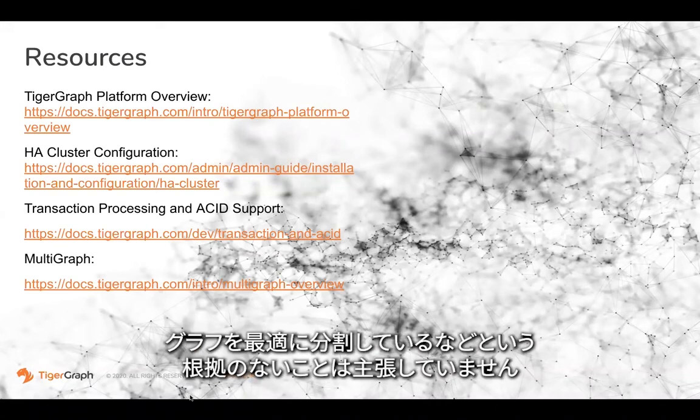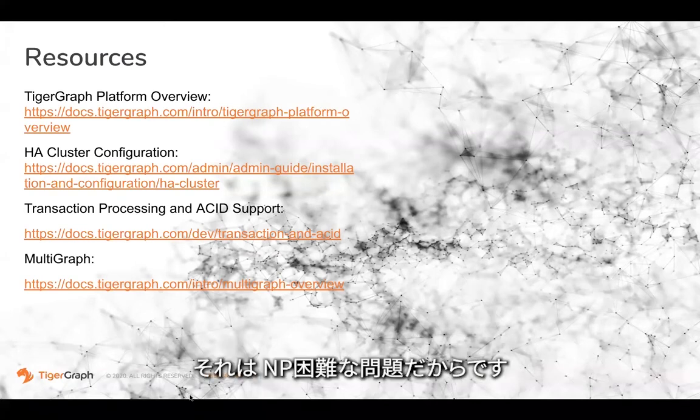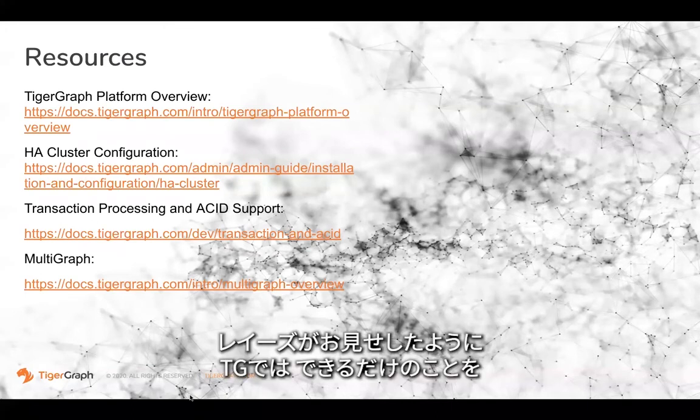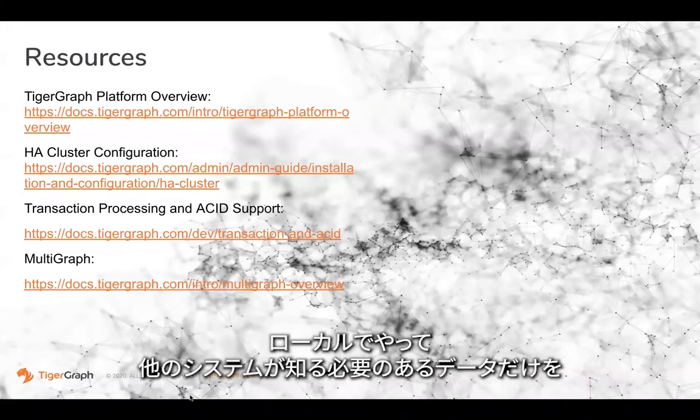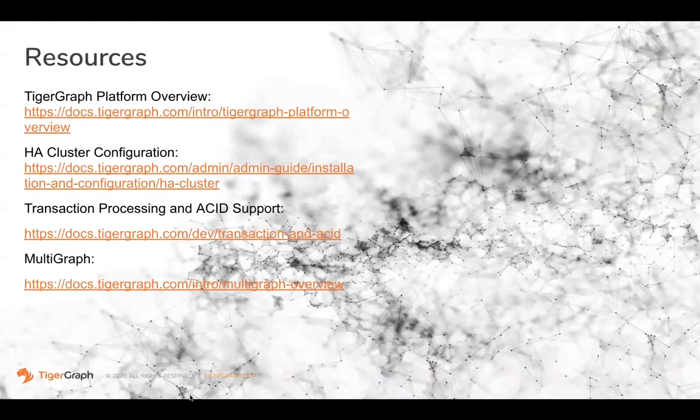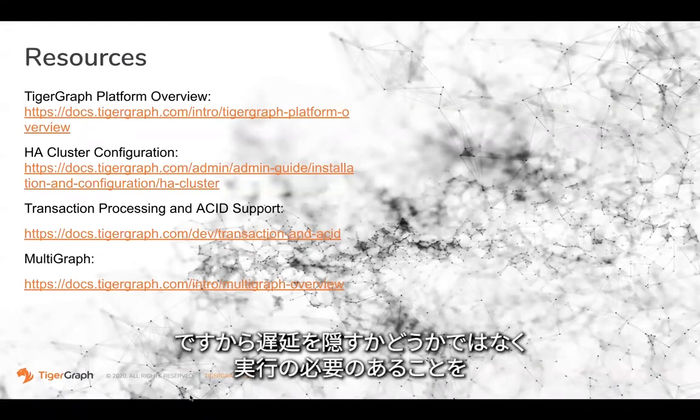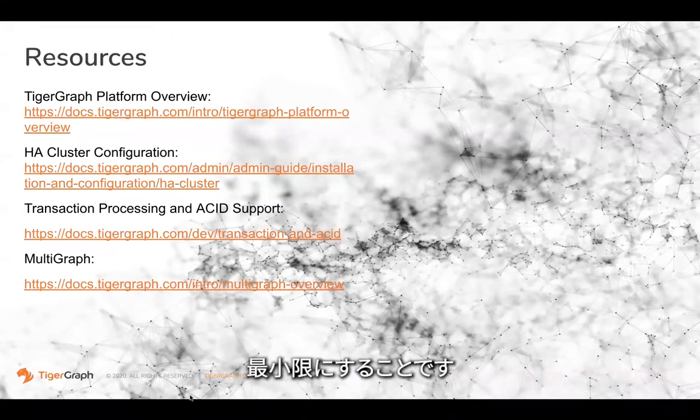Now, we don't make wild claims about doing an optimal partitioning of the graph because that's an NP-hard problem. It's not doable. What we do, as Ray showed, is we do as much locally as possible and then only transmit the data that needs to be known by the other systems. So it's not a question of hiding the latency. It's about minimizing what needs to be done.